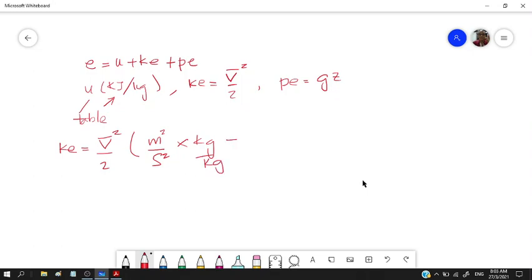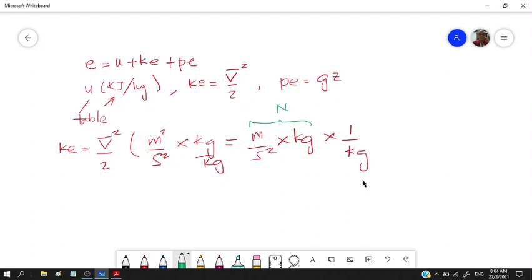Then we can rewrite the unit as meter over second squared multiplied by kilogram, and this must also be multiplied by 1 over kilogram. Okay, and we know that this is mass times acceleration. So this will give us the unit of Newton.